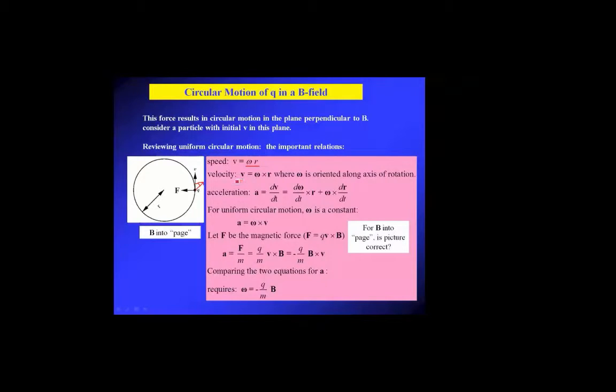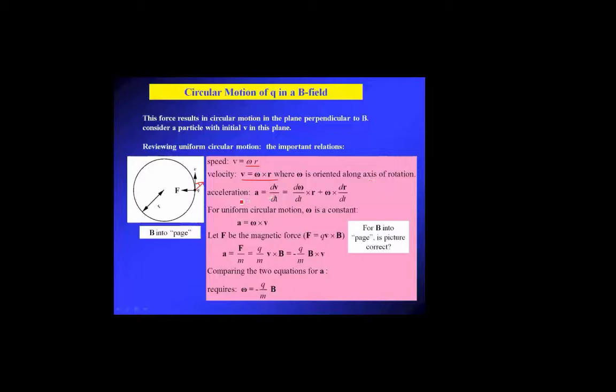The velocity for circular motion is given by this expression here, where omega is a vector which is related to the direction of the motion. Basically it's the right hand rule again: if omega is pointing out of the paper, this would be the direction of the motion. So omega here is oriented along the axis of rotation.